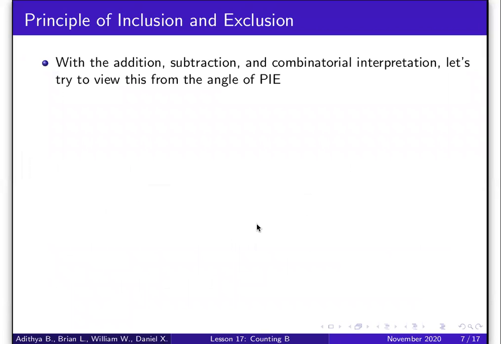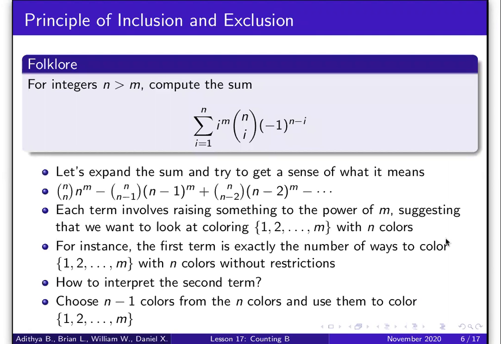So as mentioned before, we have lots of pluses and minuses. They're alternating. And we have a usable combinatorial interpretation for the terms. So let's try to use PIE to count what this sum actually means. If we look earlier, the first term is the number of ways to color with n colors.